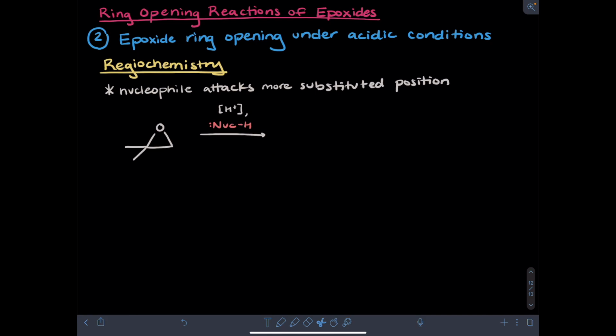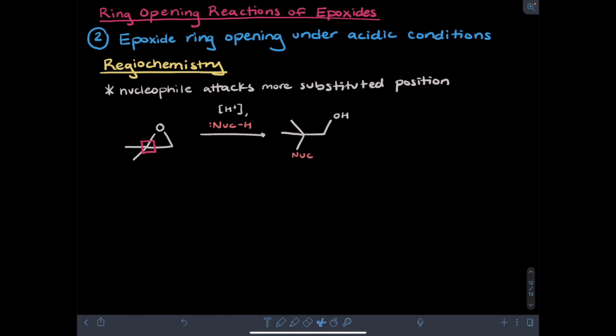This is being treated with an acid catalyst in the presence of a weak nucleophile, such as a neutral solvent molecule. Under acidic conditions, the nucleophile will preferentially add to the more substituted carbon of the epoxide, in this case the one on the left.